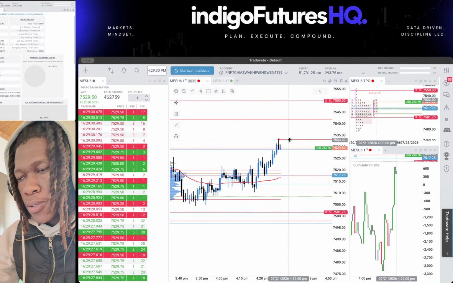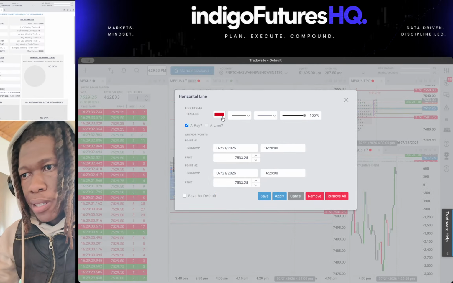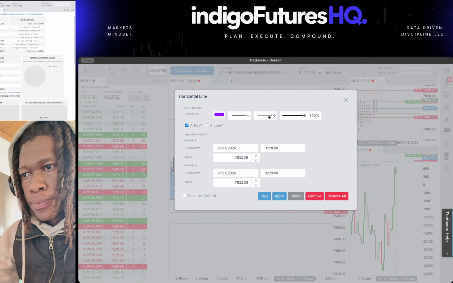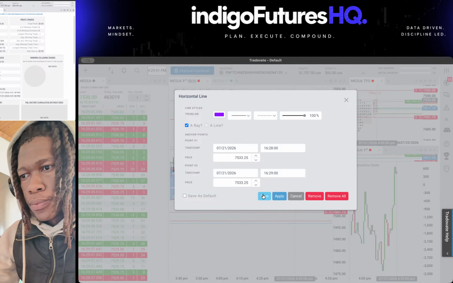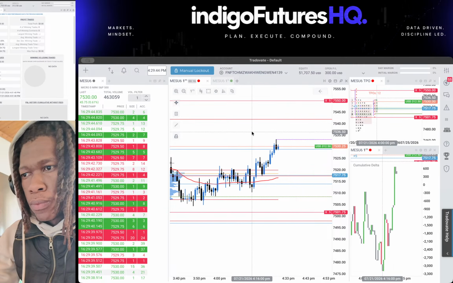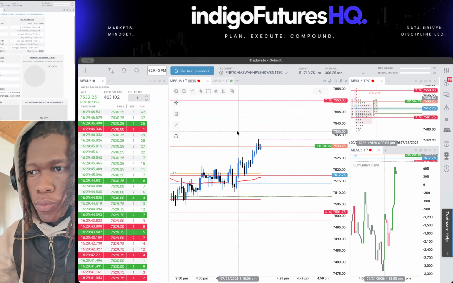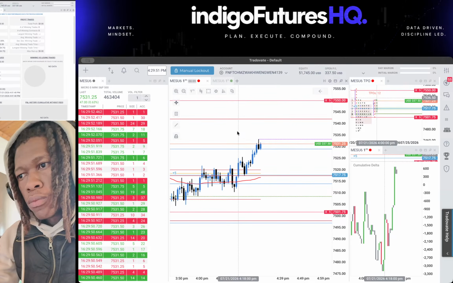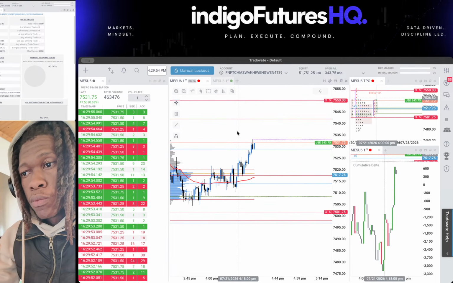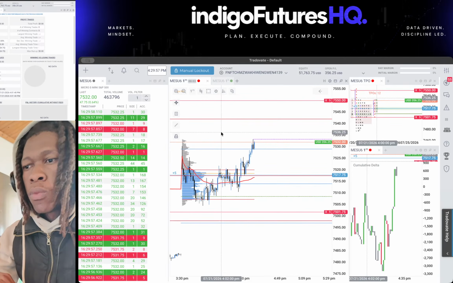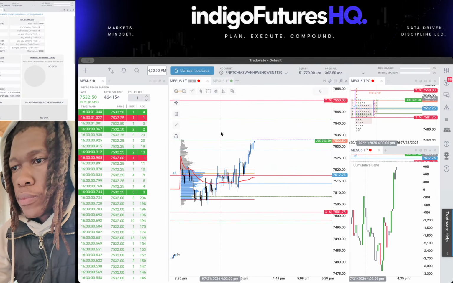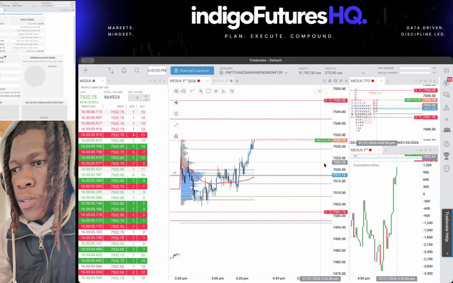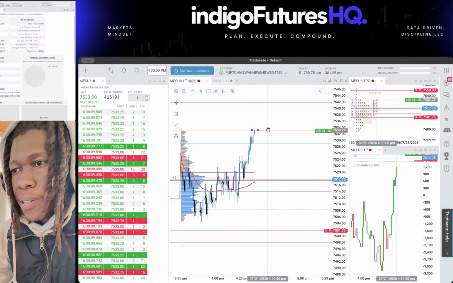We start to see structural weaknesses around this level again. Okay, so that's initial balance set. So let's see how we react around this level, right?